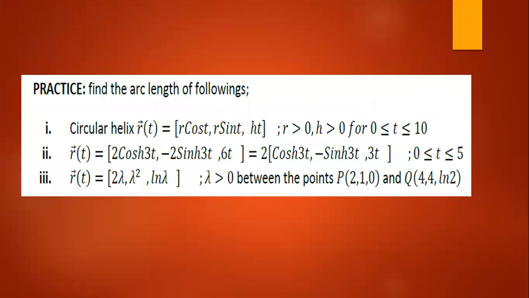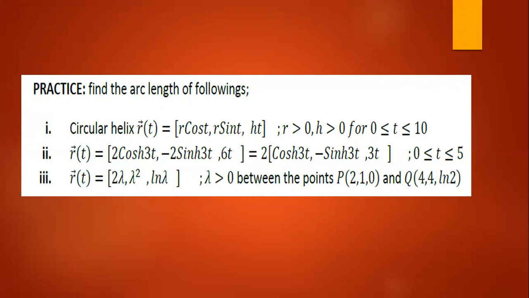Now there are some questions for you. Find the arc length in the following questions. First question is the circular helix r of t equal to r cos t, r sin t, ht, where r is greater than 0 and h is greater than 0, for 0 less than t less than 10. So here we have a limit from 0 to 10.